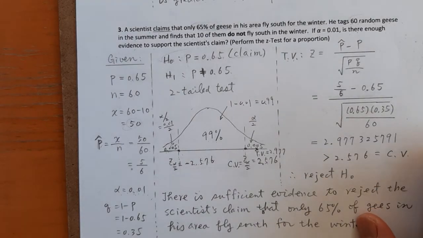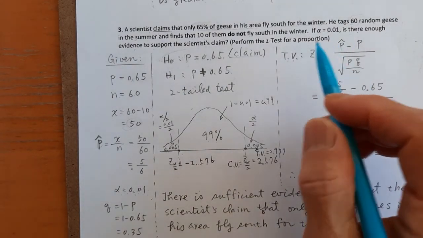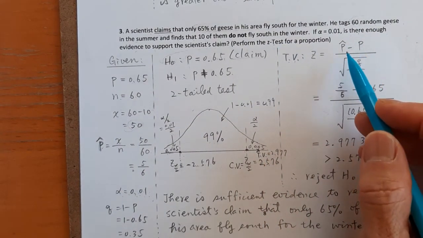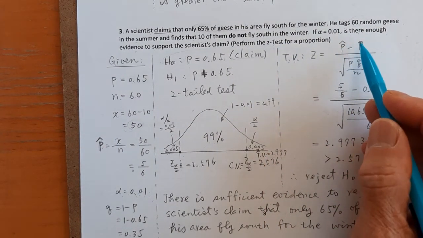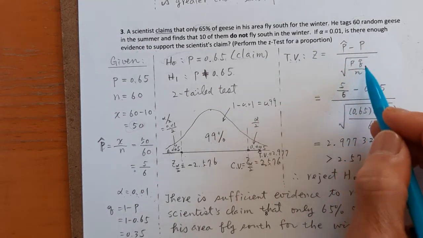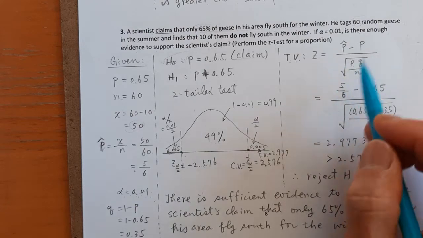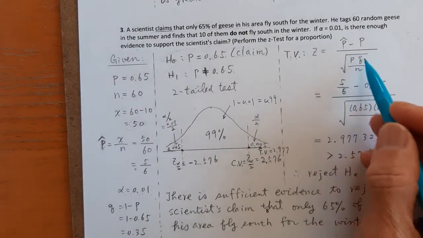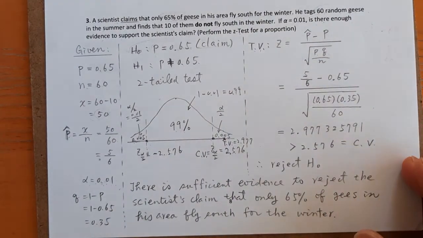For the test value, use the Z test for proportion formula. It's P hat minus P over the square root of PQ over N. This is the standard deviation of proportion.